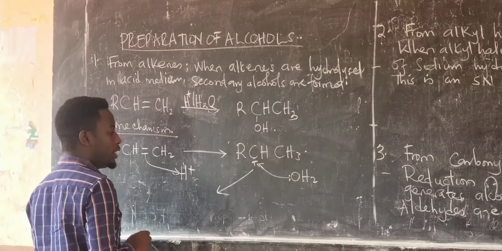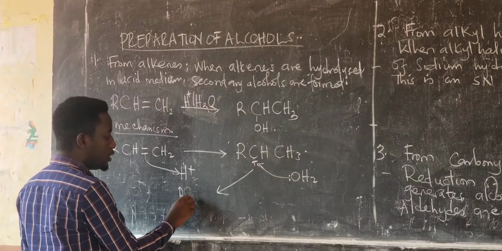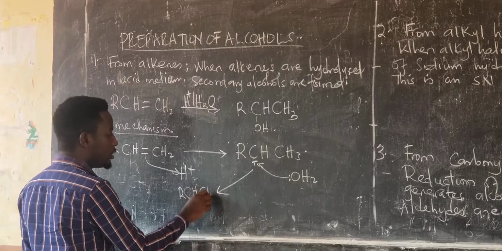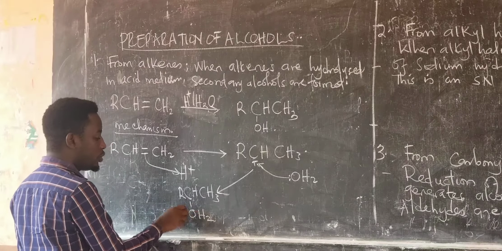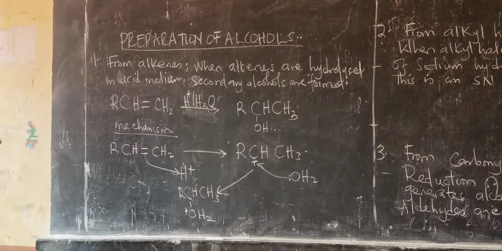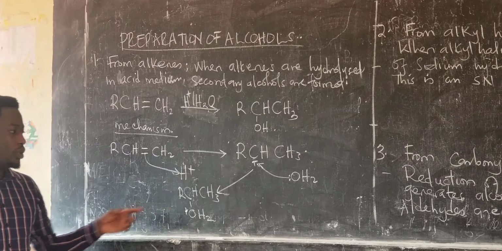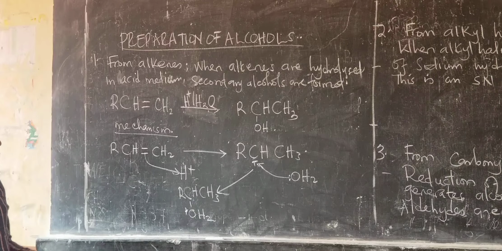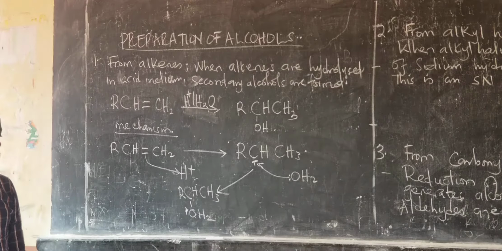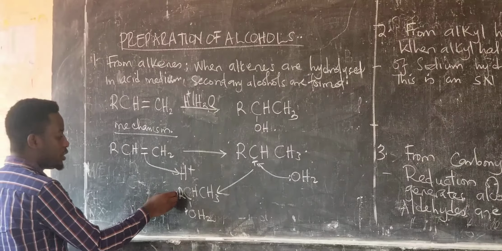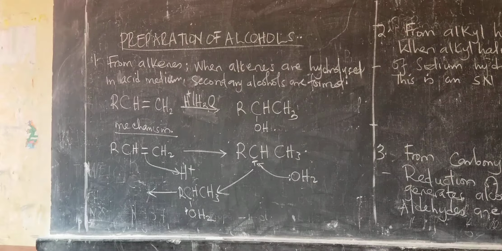When you attack, what happens? You form RCH, then CH3, OH2. So oxygen becomes positive, because first of all, it has created an extra bond, and therefore it has used one of its lone pair of electrons, getting that positive charge.